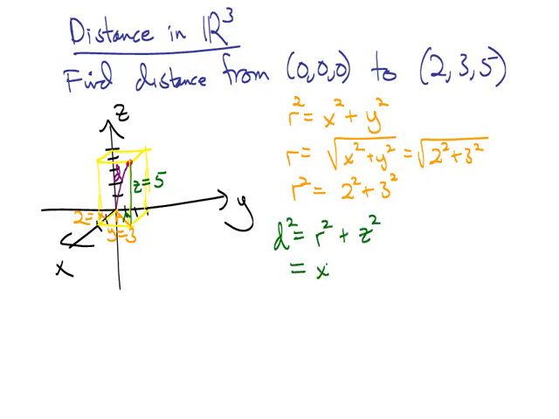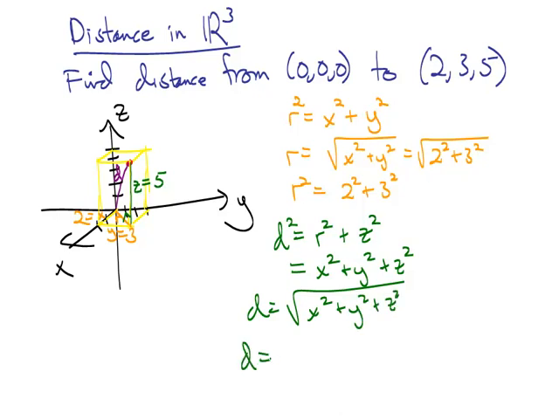R squared is equal to x squared plus y squared. And so D itself is going to be the square root of x squared plus y squared plus z squared. That's if we're coming from the origin. We just take the coordinates, square them, add them, and take the square root. So we get the square root of 2 squared plus 3 squared plus 5 squared. Oh, it's 4, 9 is 13, 13 and 25 is 38. The square root of 38 is our distance.